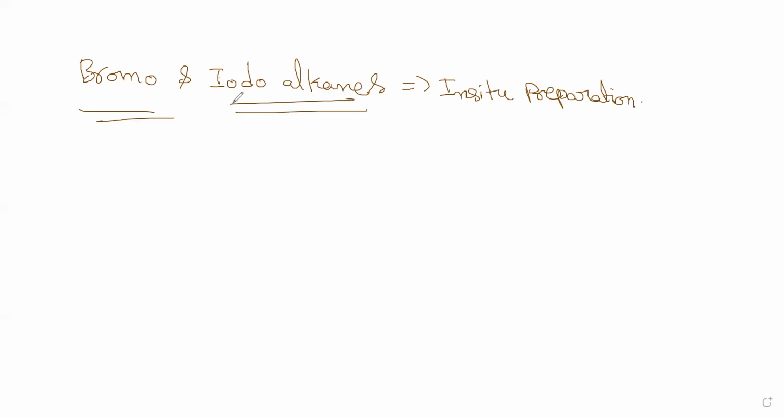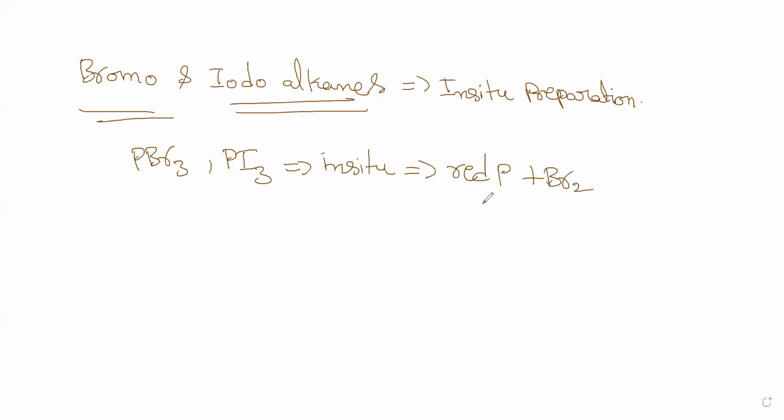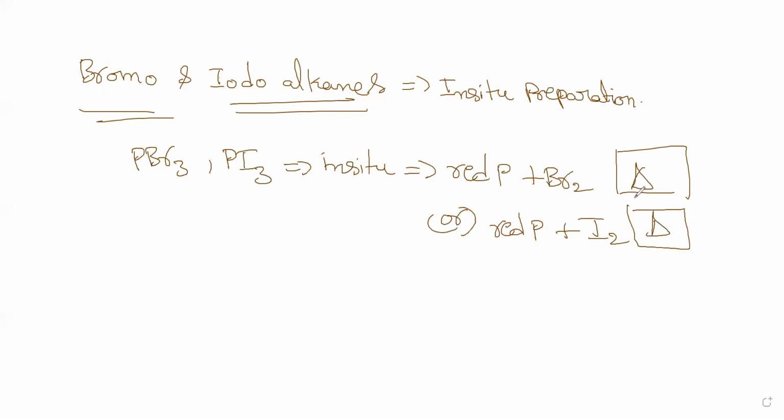For that, PBr3 and PI3 are prepared in situ by using red phosphorus plus bromine, or for the iodine case, red phosphorus plus iodine combination, and then they will subject it to heat.